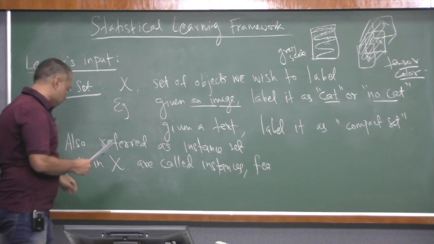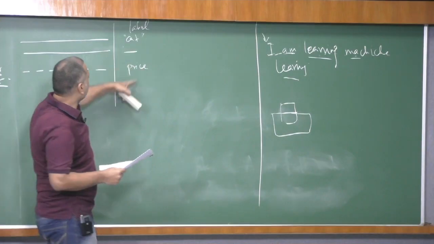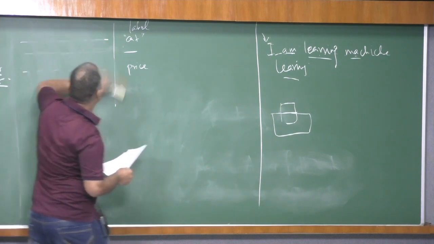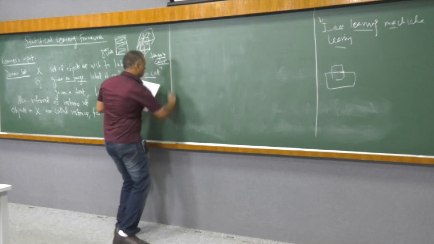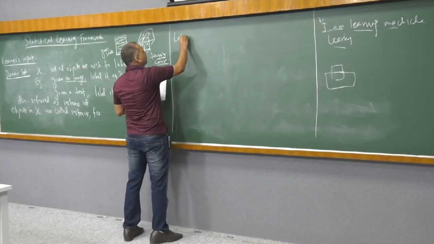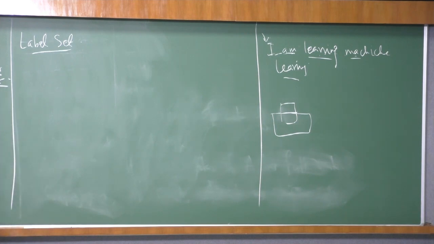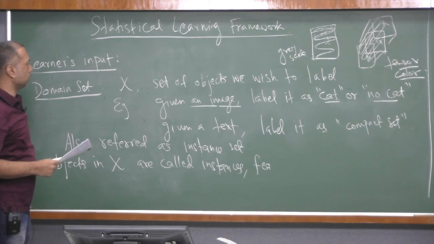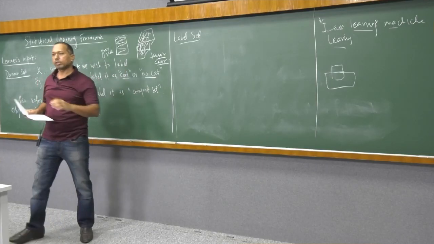Okay, so now let us look into the labels, and the notation for labels. So the label set. Initially, we can simplify our life and say that labels are, let's say, binary. So it's cat or not.